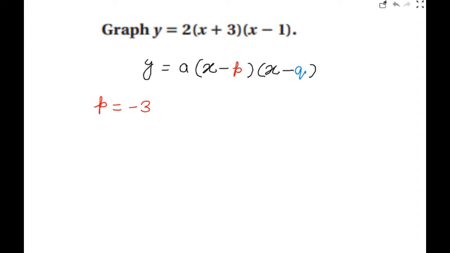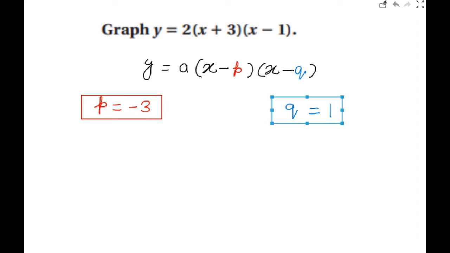Similarly, as we compare negative q with negative 1, we get q equals positive 1. So these are the two intercepts of the given function, negative 3 and positive 1. It means the graph will intersect the x-axis at negative 3 and positive 1.